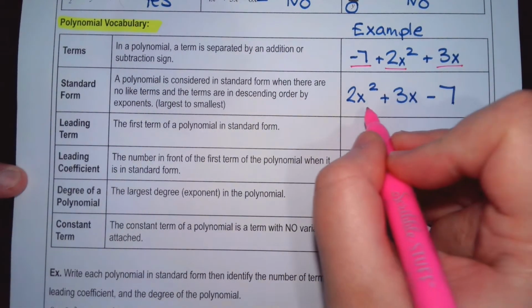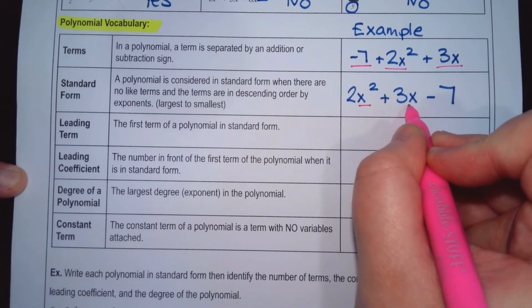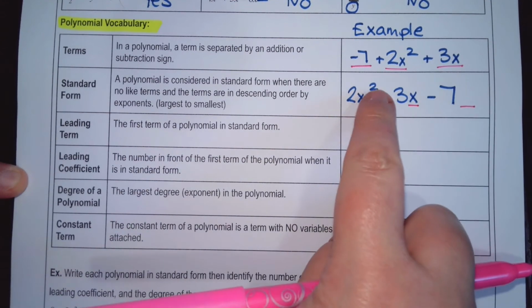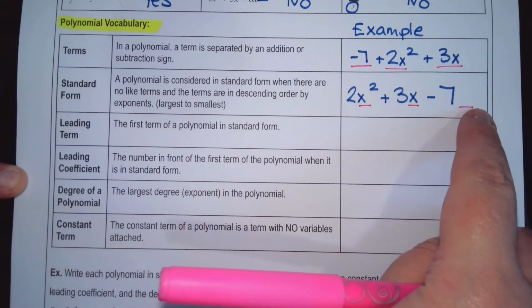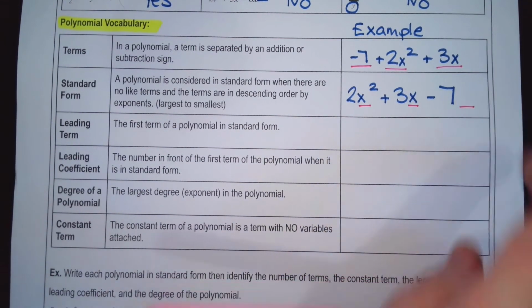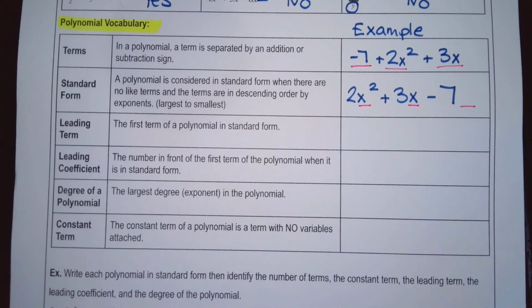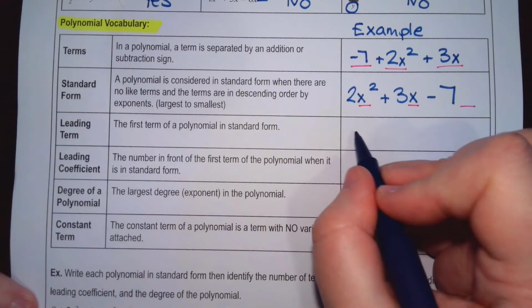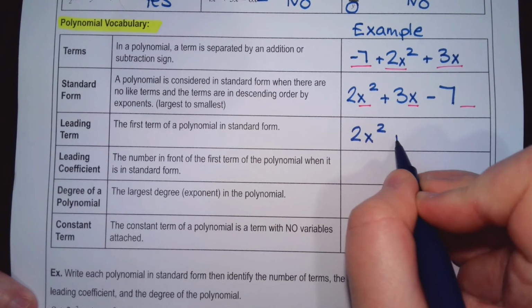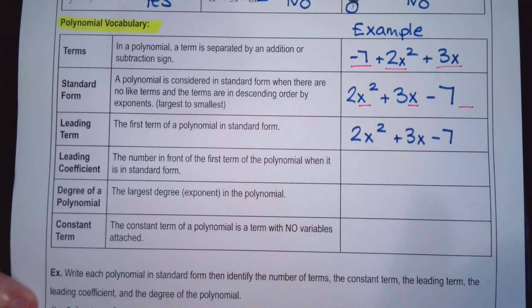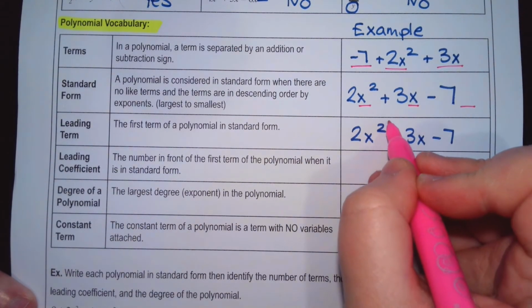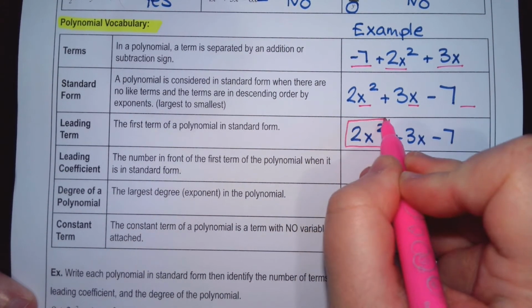Again, we look at our variables with the exponents, and they go from biggest down to none. All right, leading term. The leading term is the first term of a polynomial in standard form. So with 2x squared plus 3x minus 7, my leading term is 2x squared.